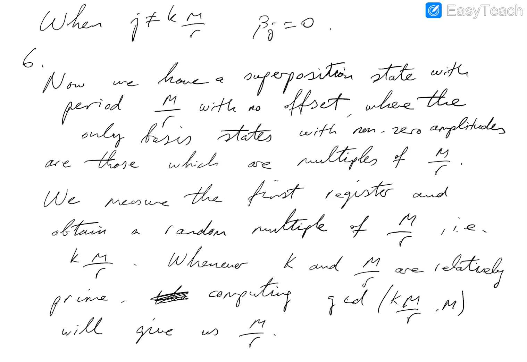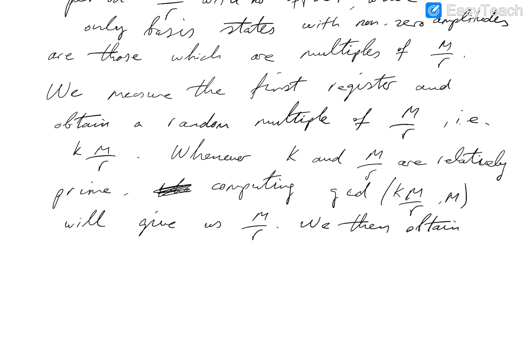Okay, so we know what m is from the beginning; that m is given. And by computing the GCD of k times m over r and m, now we know m over r, and we then obtain r by simply dividing m by m over r.